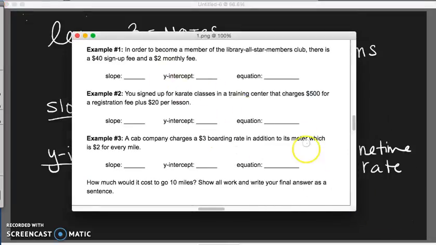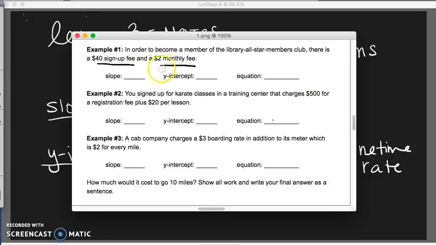Example number 1 says, in order to become a member of the library of an all-star members club, there is a $40 sign-up fee and a $2 monthly fee. The $40 sign-up fee is a one-time only fee, and the $2 is occurring every month.